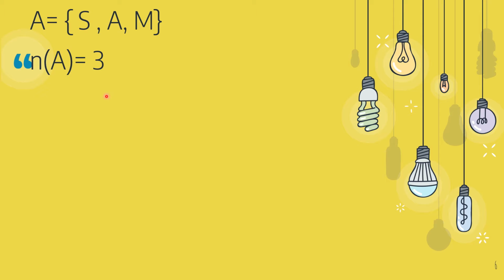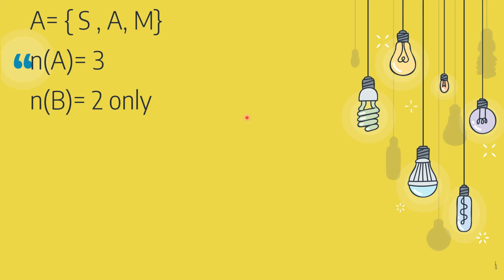And how about event B? Only 2. How come event B has only 2 possible outcomes? From the question, without replacement. Without replacement means the card drawn will not be put back. That is why the possible outcomes are only 2.